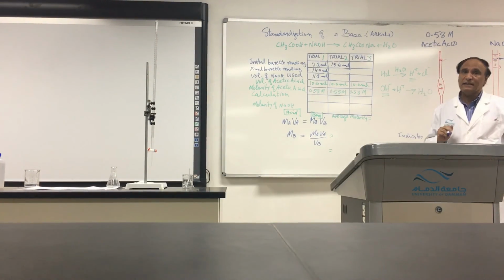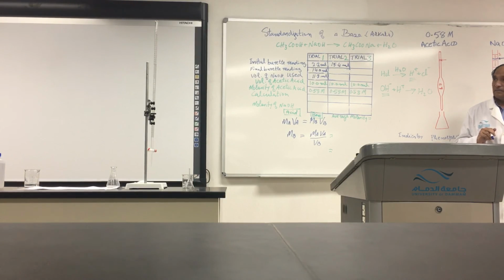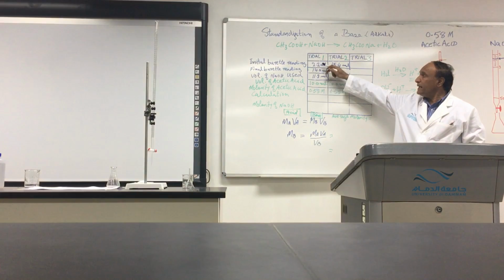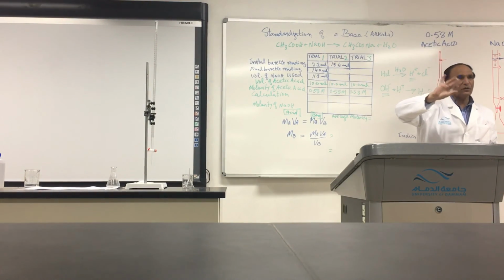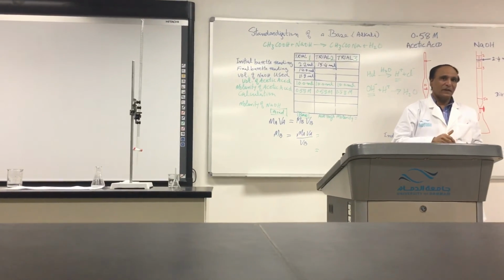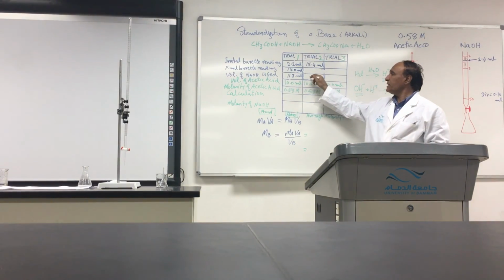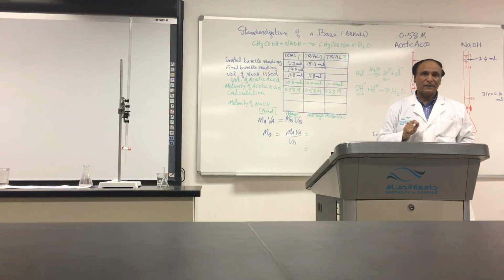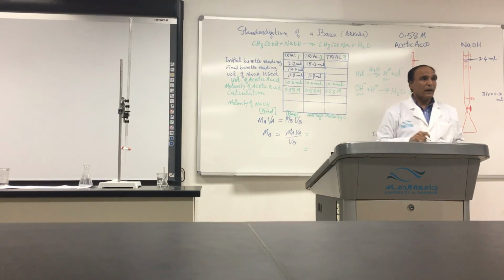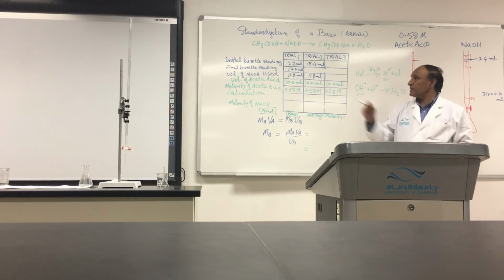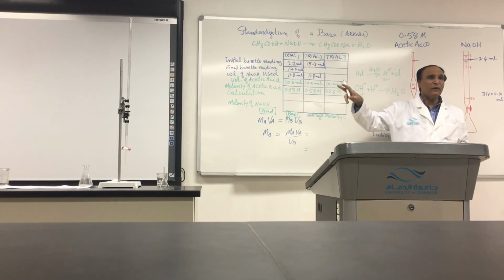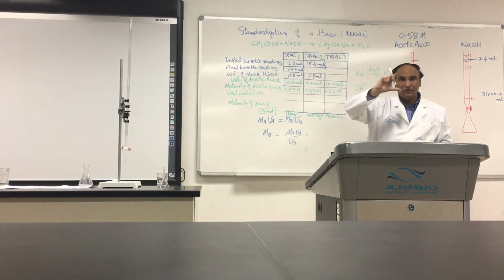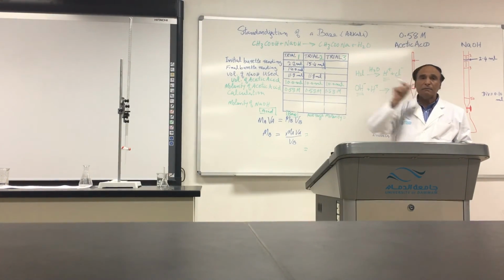Now I ask you a question. I will see who is going to answer that. This is the initial reading. If my first titration is good, it means the net volume used will be 11.8 milli.